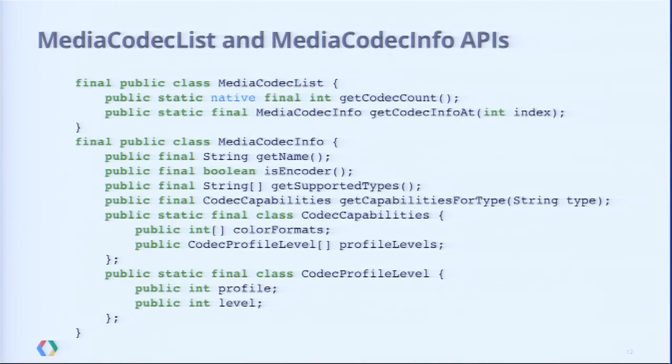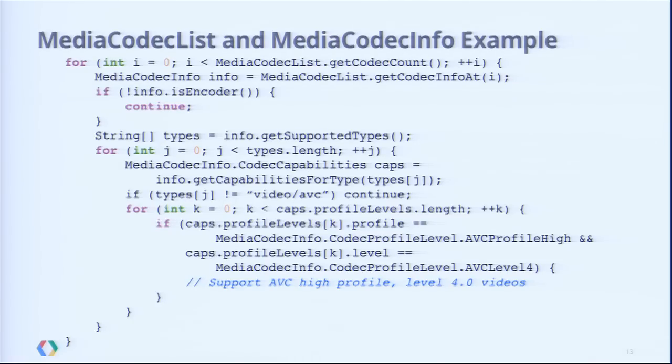To give you an example of how this media codec list and media codec info work, here is a very simple example. First you call media codec list dot get codec count to find out all the available codecs on a specific device. Once you have the count, you can iterate through it by calling get codec info at to find out the detailed capability of a specific media codec.